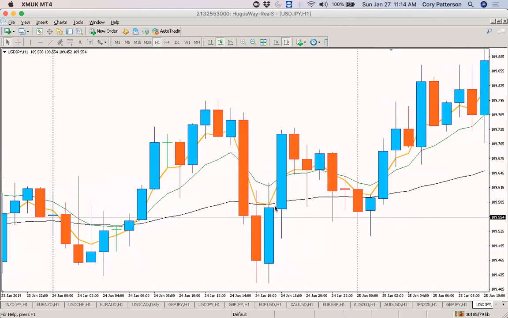From here, you can take a trade depending on whether you think it's going to go up or down, and you want to base that off of what the candle is telling you. A series of candles creates a pattern. Like this particular two-candle pattern right here, this is called a bullish engulfing candle.